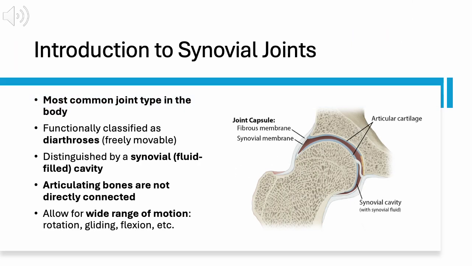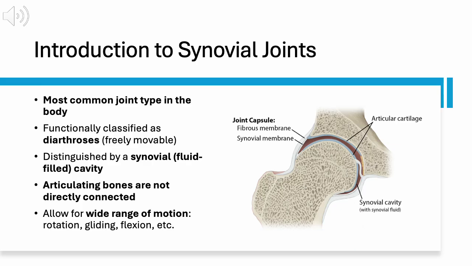Let's begin our exploration of synovial joints, the most abundant and functionally versatile type of joint in the body. These joints are what we rely on for most of our everyday movements: walking, writing, turning your head, picking up objects, all made possible by synovial joints.